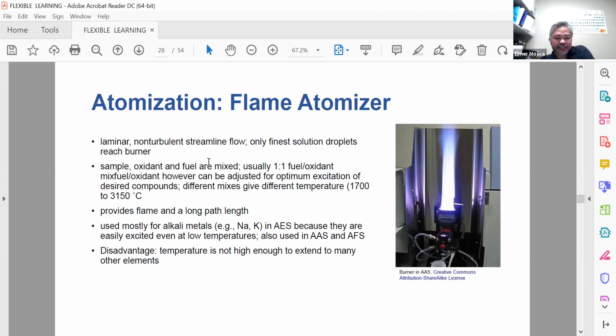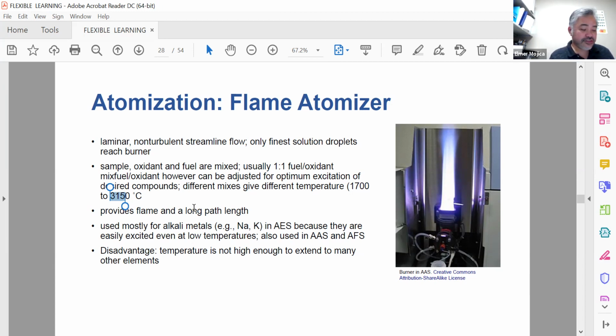However, it can be adjusted for optimum excitation of the desired compound. The different mixes give different temperatures, from 1700 to 3150.